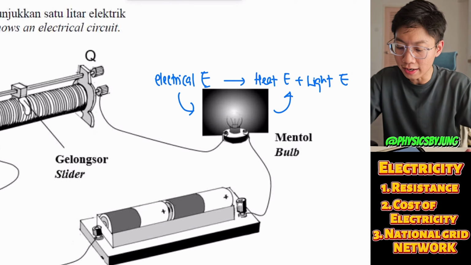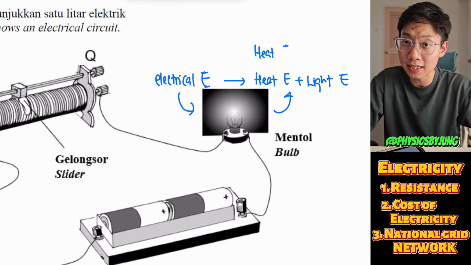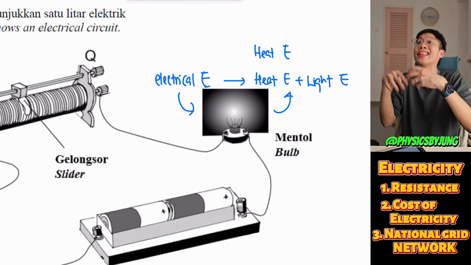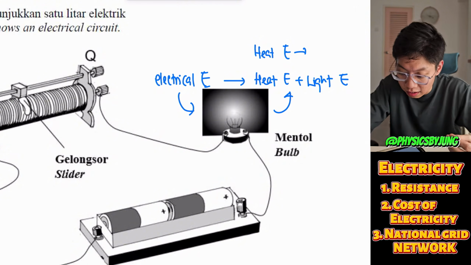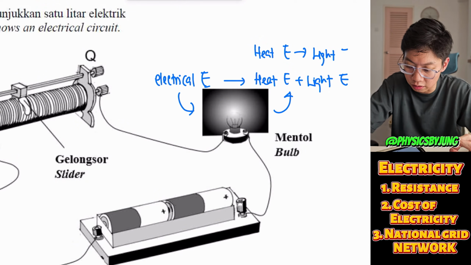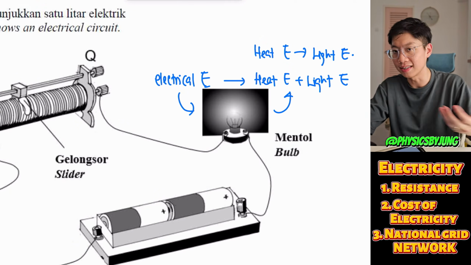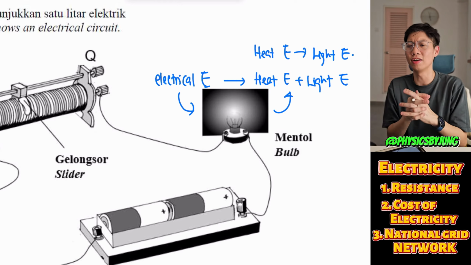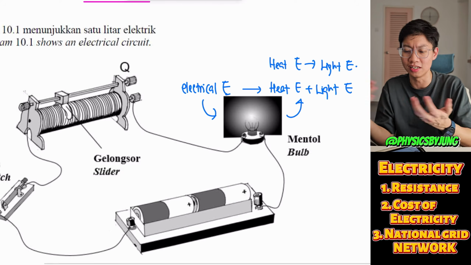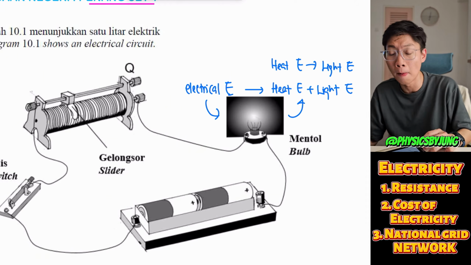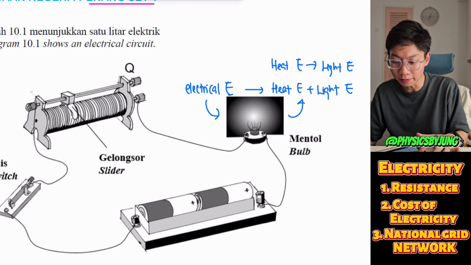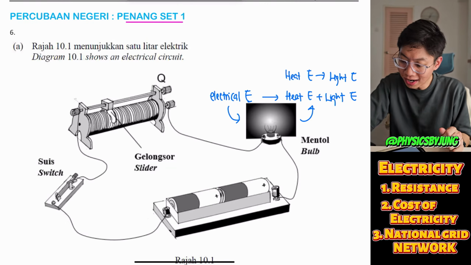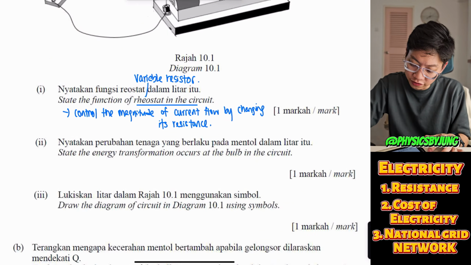Another way that they accept is you can say there's heat energy because your filament lights up, then it produces the light energy. Both are acceptable depending on your understanding. Technically you can't argue which is correct, which is wrong, because both are acceptable. Once we are done with this, we're already done with this one mark.